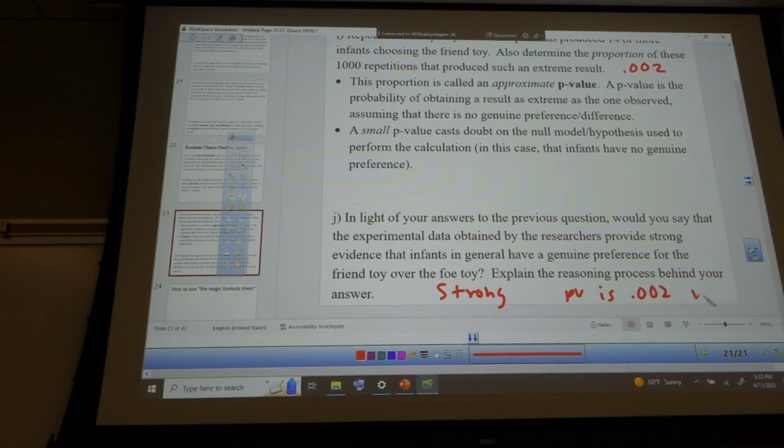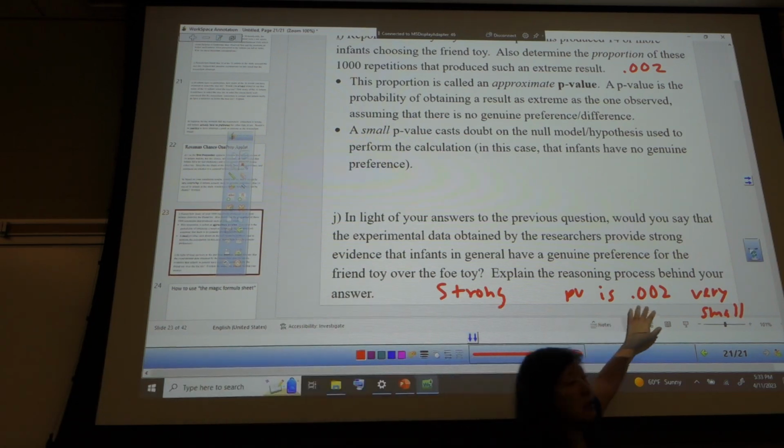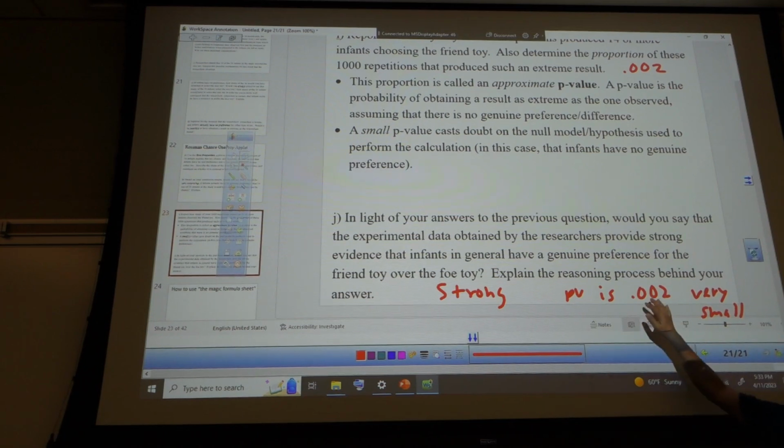It's very small. In other words, it's super unlikely to get this result randomly. This is the probability of getting it, assuming the null hypothesis is true. So since it's really unlikely, the null hypothesis is probably not true. There probably really is a genuine difference.